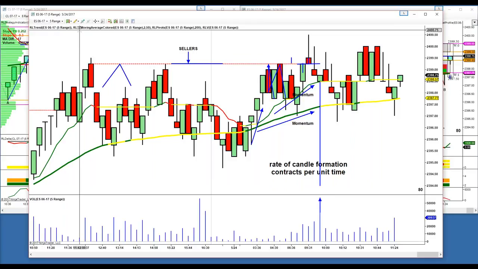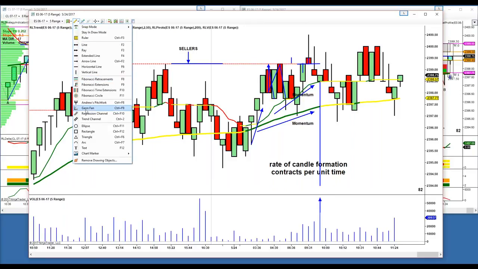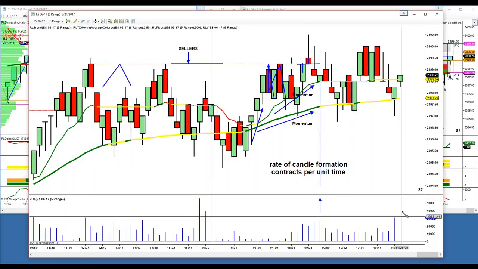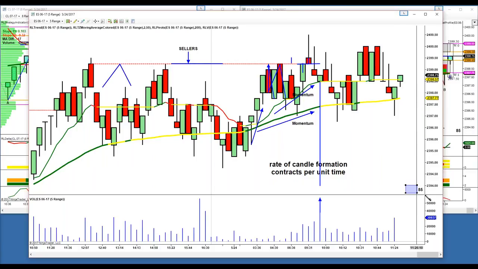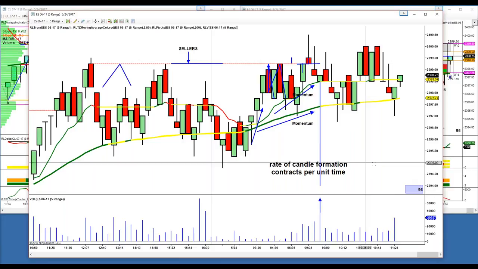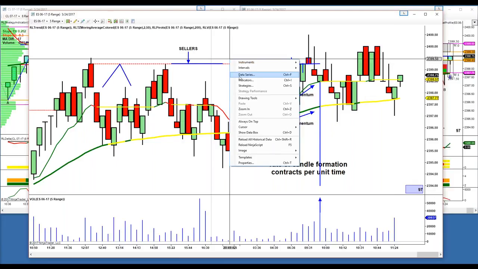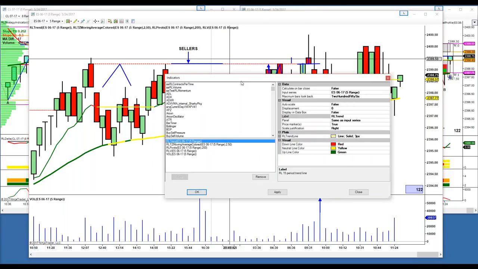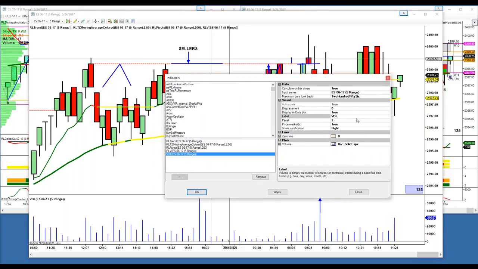In the lower right-hand corner here, now, this is our volume counter. This is telling us how many contracts are crossing per minute, and we just set it that way. It'll tell you how many contracts, how many shares, how many lots are crossing for any unit of time that you want. Here's our volume.